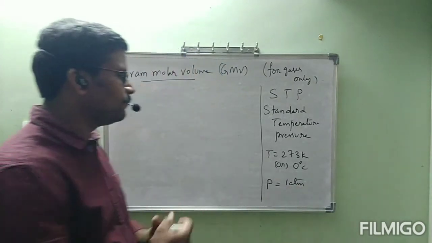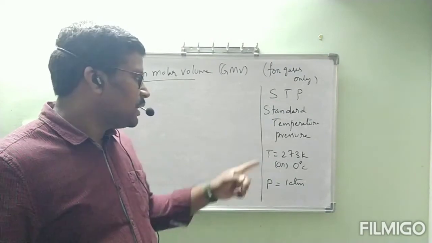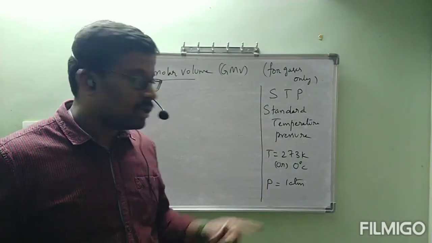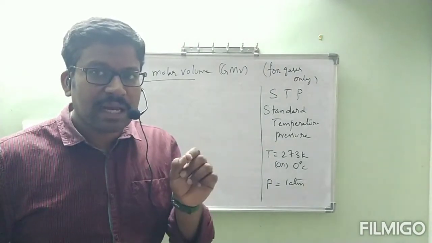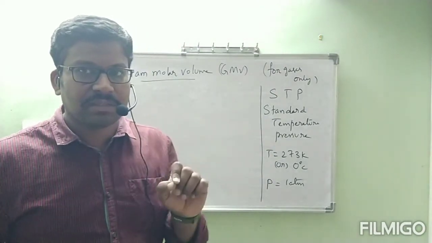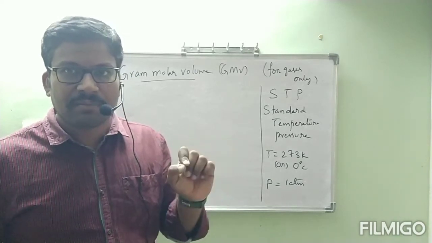1 atmosphere. One request for you: regarding these temperature and pressure units, you will get clarity in the states of matter concept, in 11th class, in the 5th chapter I think.